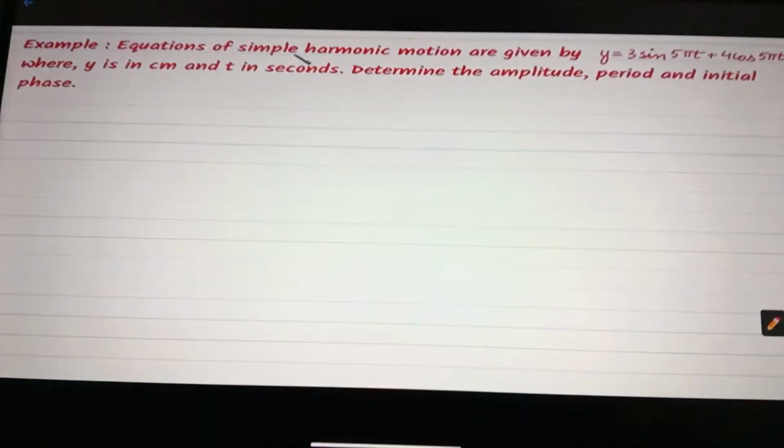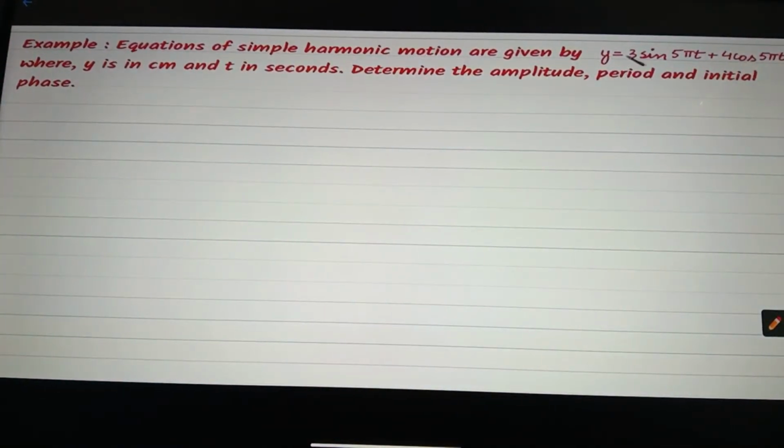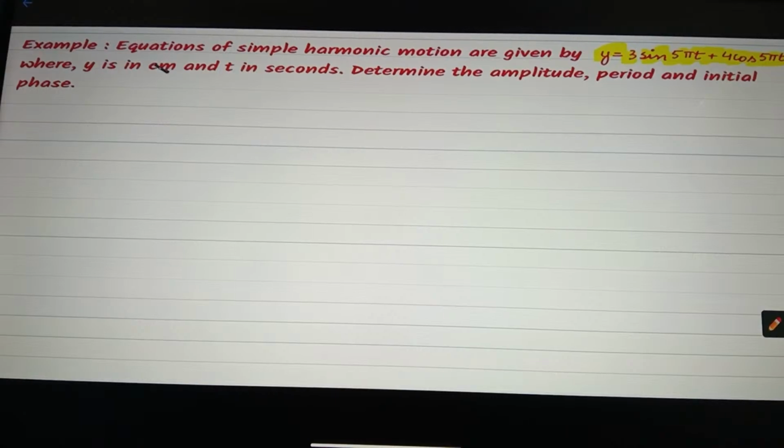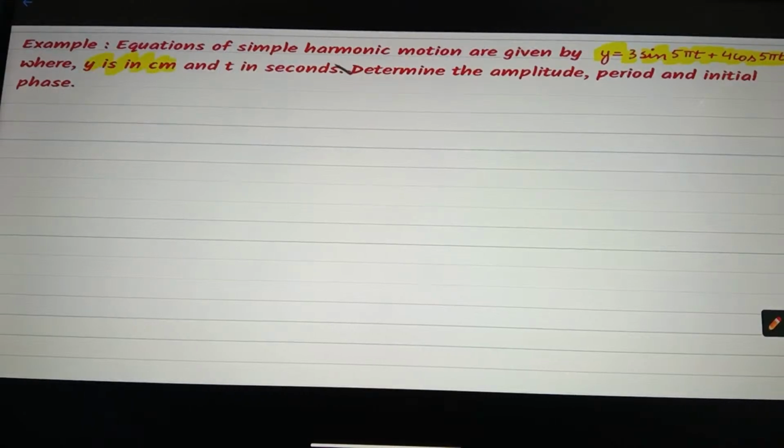Let's do this question. Equation of simple harmonic motion is given by y is equal to 3 sine 5 pi t plus 4 cos 5 pi t, where y is in centimeter and t is in seconds. Determine the amplitude, period, and initial phase.